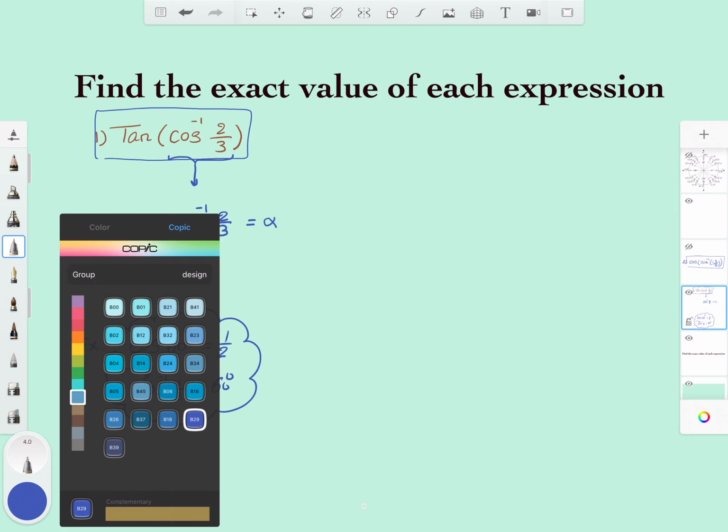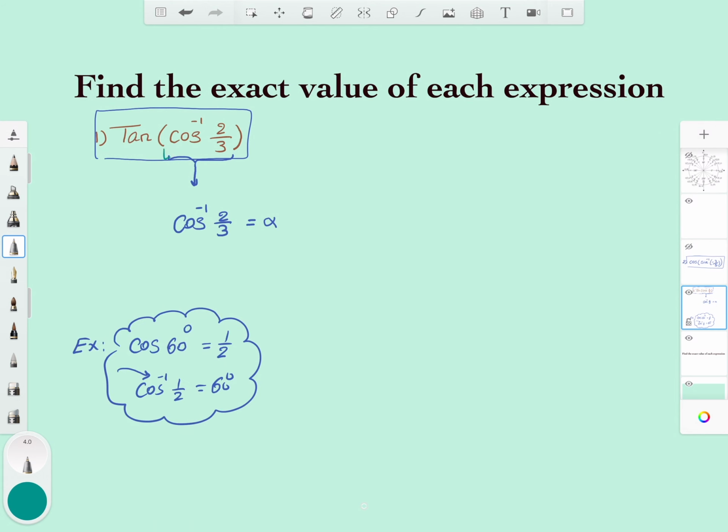So what we do inside of the parenthesis, I will label this parenthesis alpha. So here is alpha. I substitute this back. Then we have tangent of alpha. So we need to evaluate tangent of alpha.